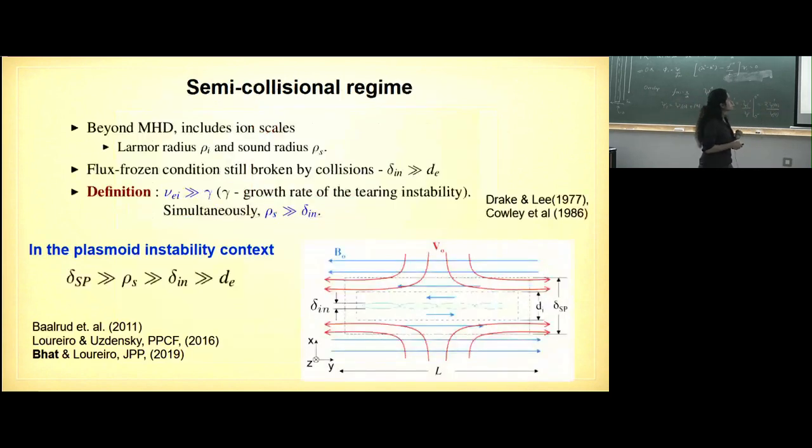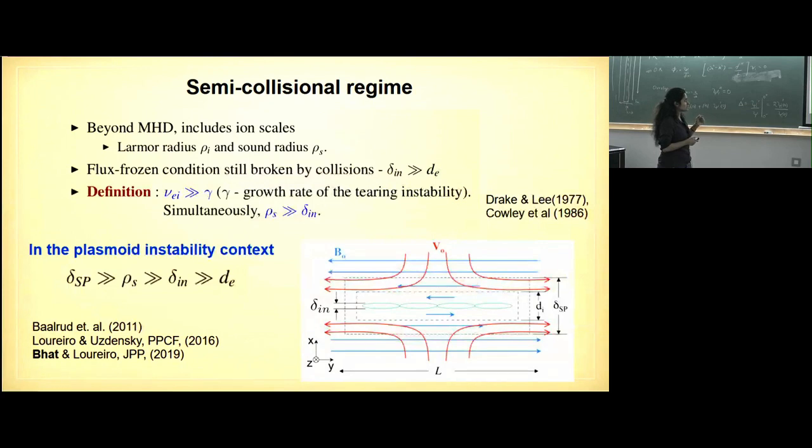Right? So this is where the semi-collisional regime comes in. The semi-collisional regime is sort of going beyond MHD. It is collisional, so the smallest time scale is governed by the electron-ion collision frequency. But at the same time, you also have ion scales spatially showing up.